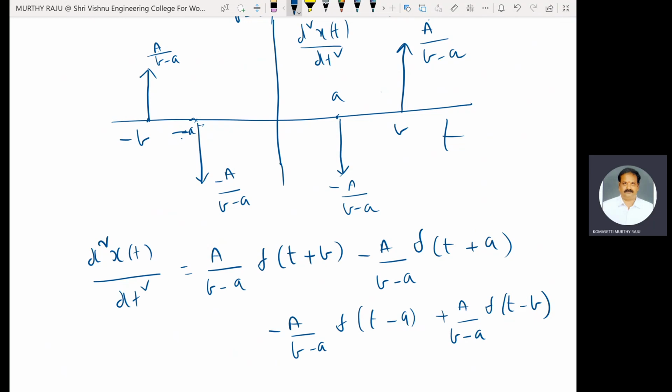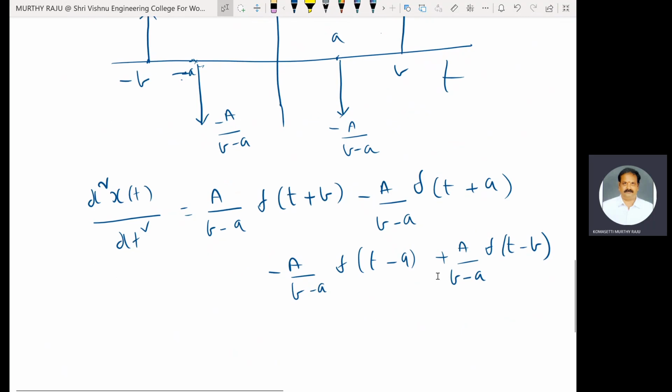These are the right shifted and left shifted impulses.